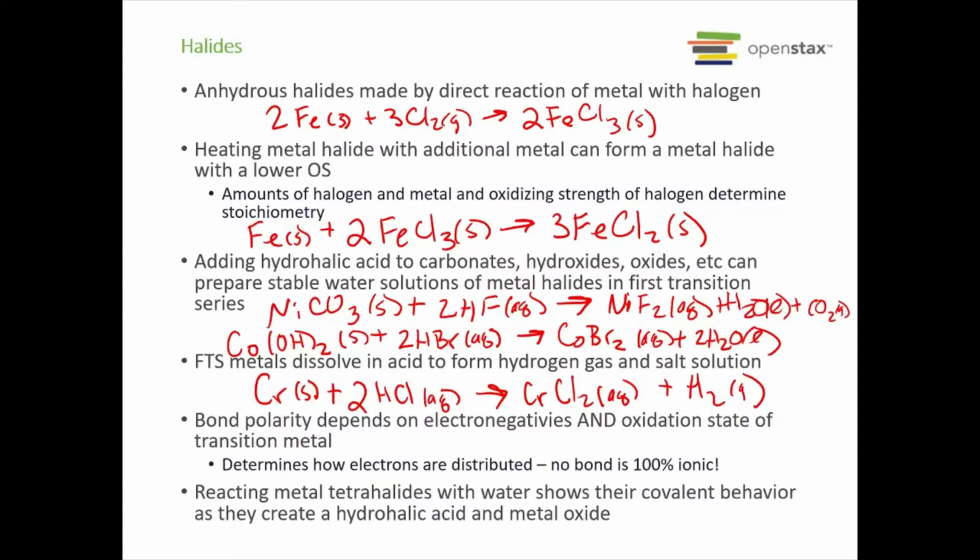So one of the ways that we can tell what type of bond is made is our bond polarity. If you remember from before, this depends on the electronegativities of the atoms in your compound, but here it also depends on the oxidation state of the transition metal, because this is going to determine how the electrons are distributed. And one thing to remember is that no bond is 100% ionic.